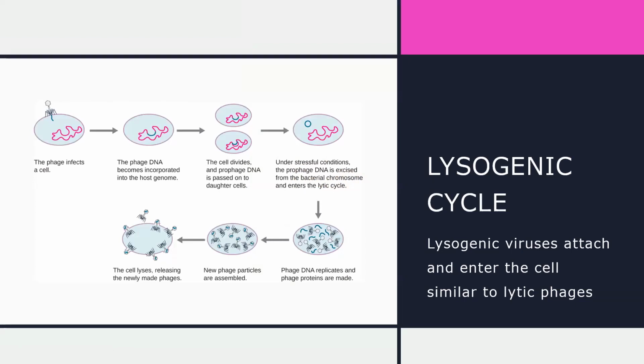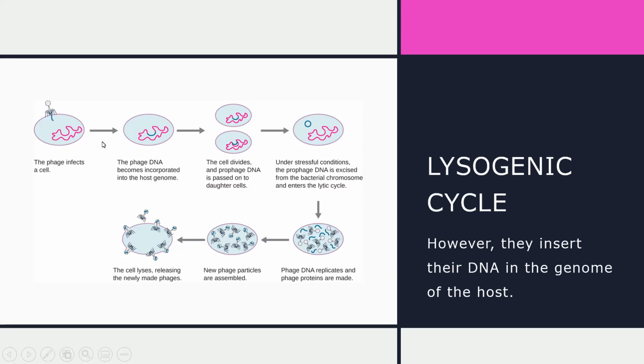Now, lysogenic viruses attach and enter the cell similar to the lytic phages, right? So you're going to attach, you're going to insert your genome. But instead of immediately going into replication, you're going to have some intermediate steps. So what happens is we can see this here coming into the cell in this first image.